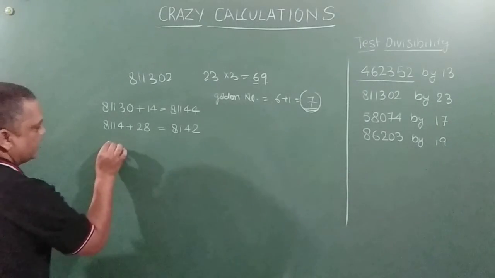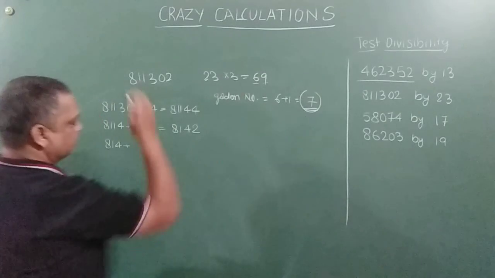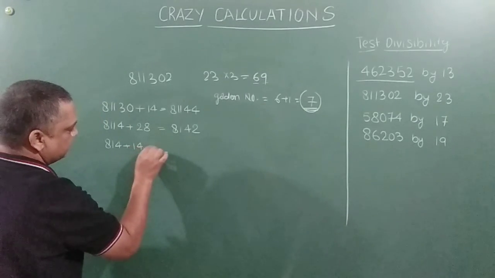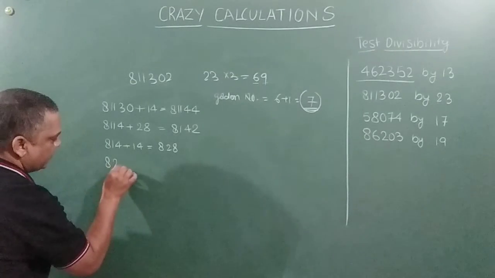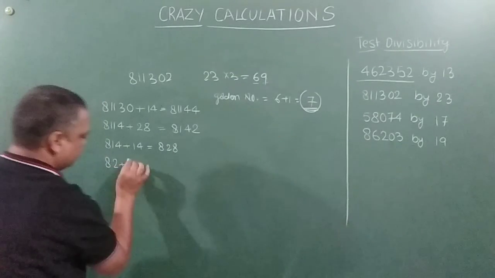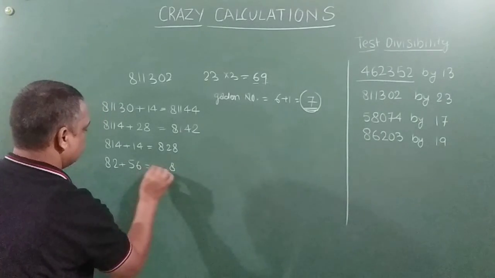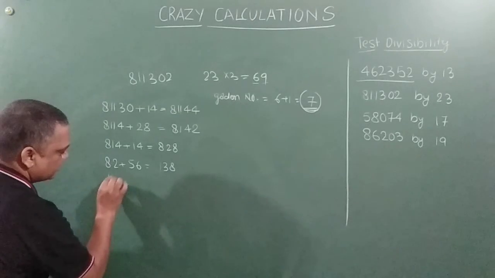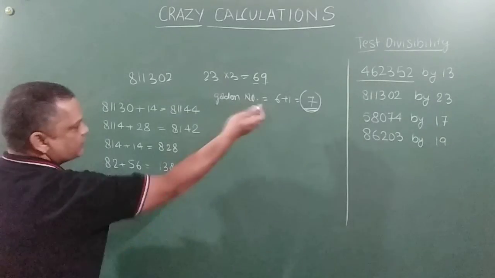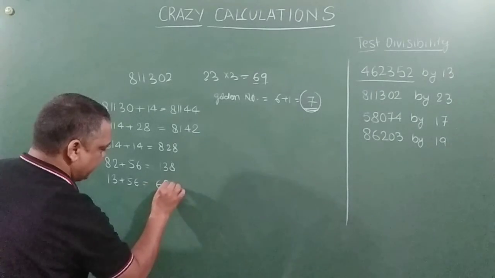Now 814 plus 2 into 7 is 14, equal to 828. Now 82 plus 8 into 7, 56, that is equal to 138. So now 13 plus 8 into 7, that is 56, that is equal to 69.